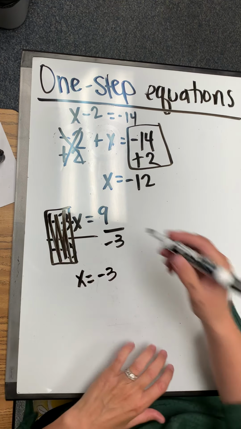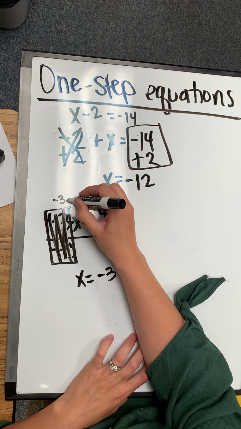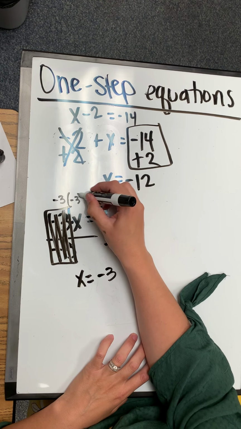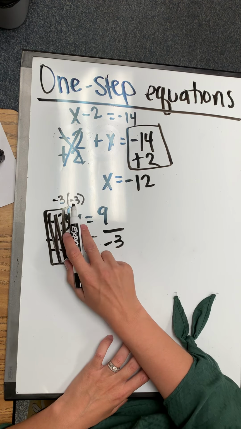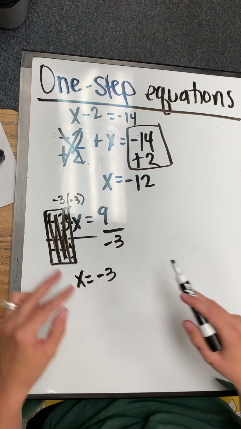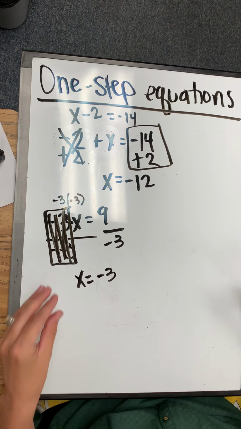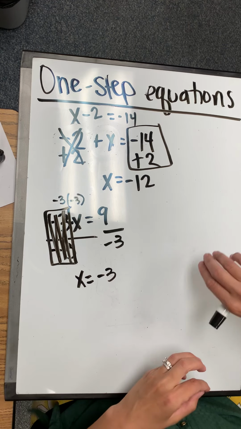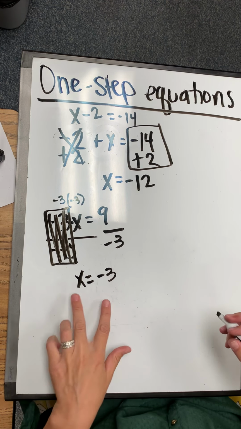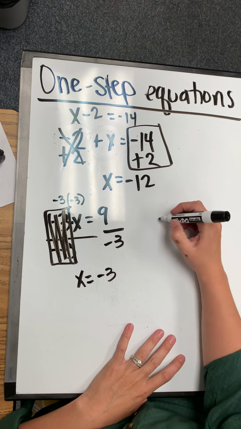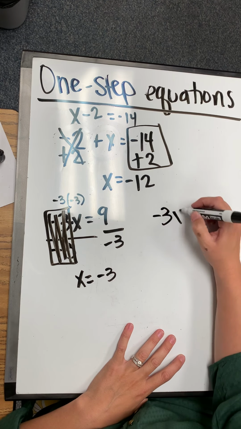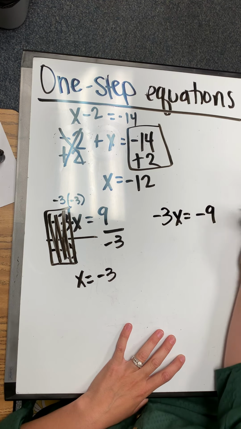If I plug that back into my original equation, which was -3 times, now this is my x. A negative times a negative is that positive. So watch those signs, okay? You have to be able to understand why you're taking it or why you're not taking it, okay? I'll show you what I mean over here as well. So -3x is equal to a -9.